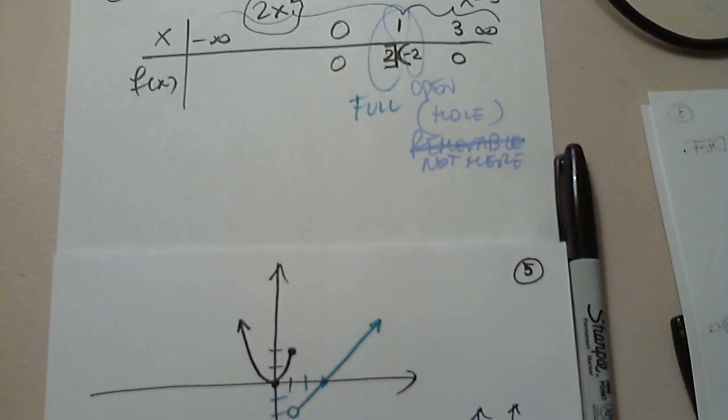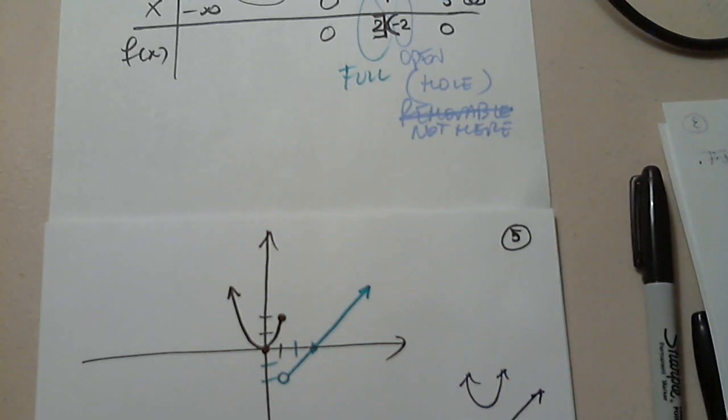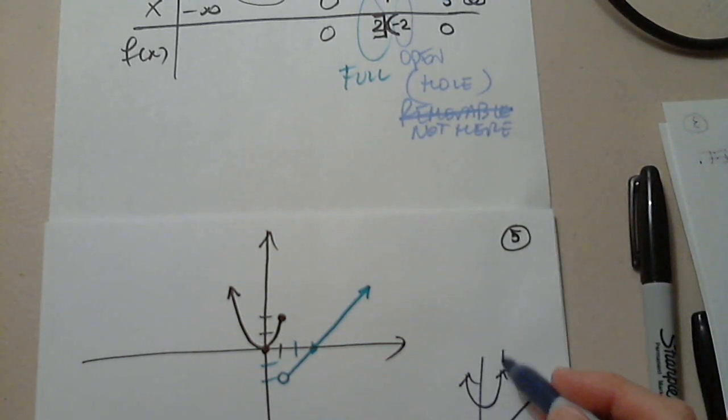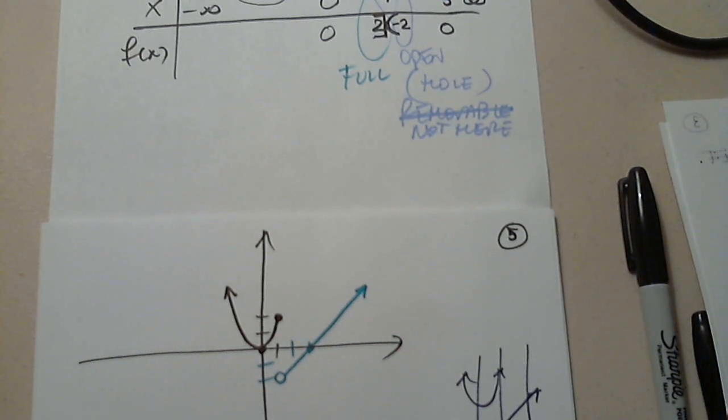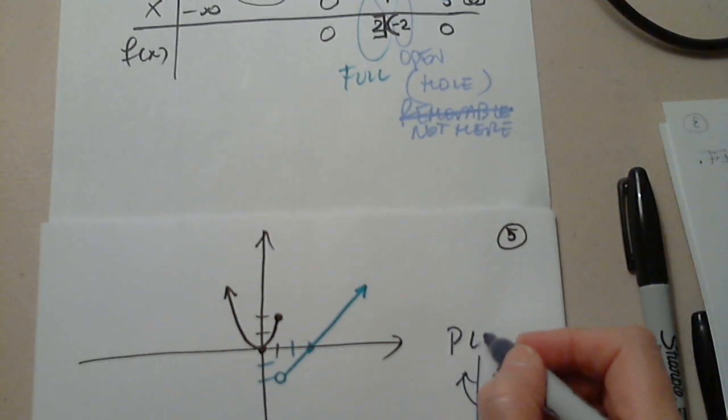Please don't graph something like this, because this is not a function by the vertical line test. I will be honest with you, I'll tell you how many of these graphs I find. Please, I don't mind begging you. Please do not graph something like this.